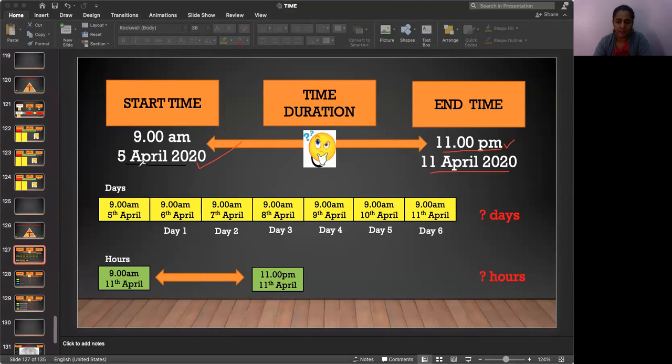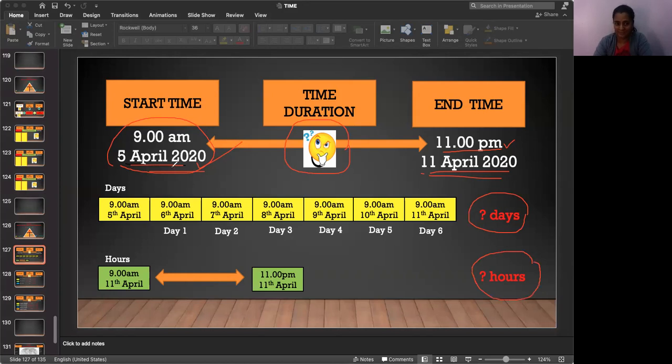But in this example, we have included dates, from 5th April 2020 to 11th April 2020. So our duration would involve calculating the number of days and also the number of hours.